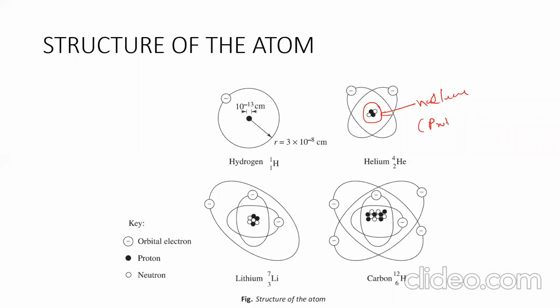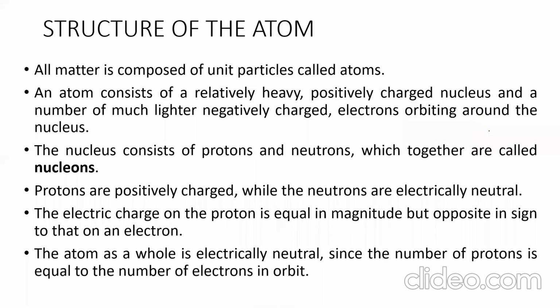A proton and neutron. And some electrons, which are negatively charged, are orbiting around the nucleus. Protons have positive charge, neutrons are chargeless. They have no charge.